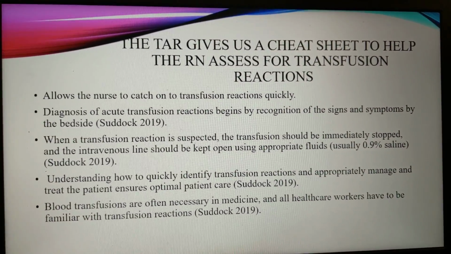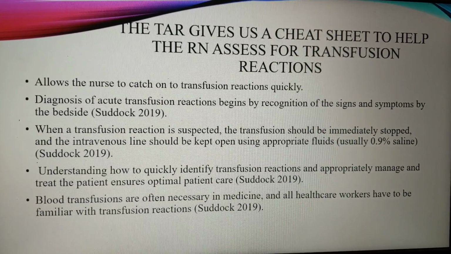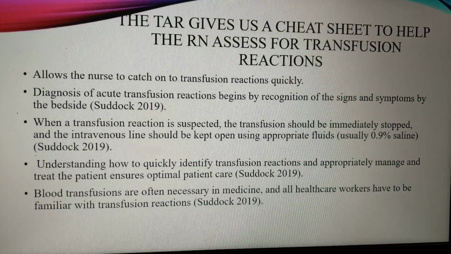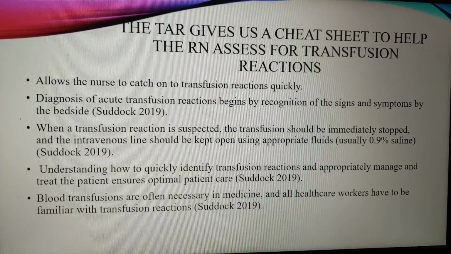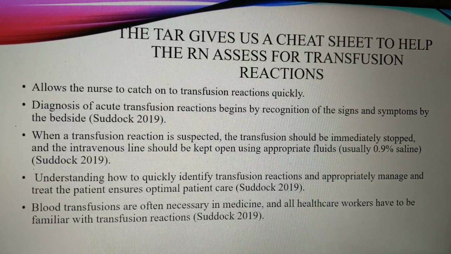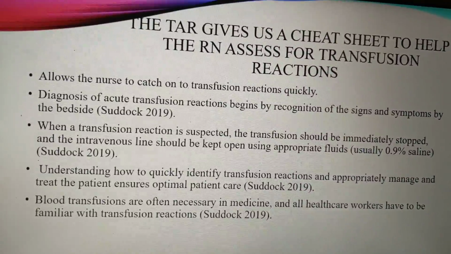So that's the only way we're going to know if they're having an acute transfusion reaction, is if we're watching their signs and symptoms at their bedside. When a transfusion reaction is suspected, the transfusion should be immediately stopped and the intravenous line should be kept open using appropriate fluids, which is normally normal saline, as we talked about.